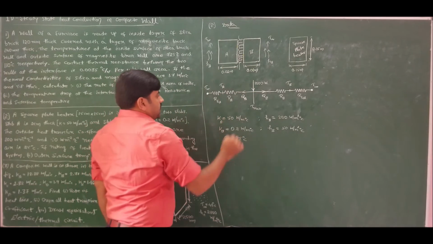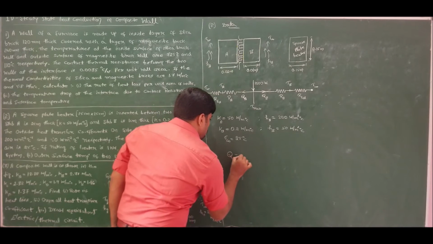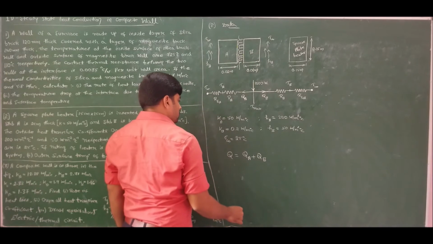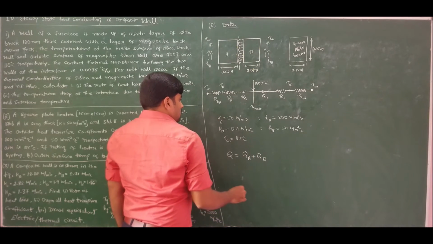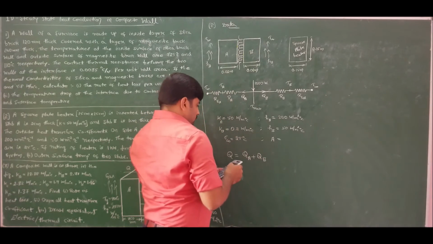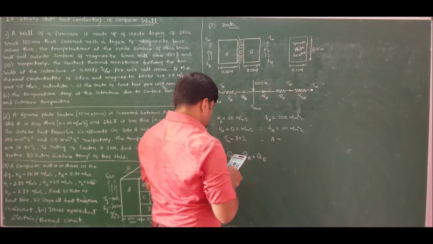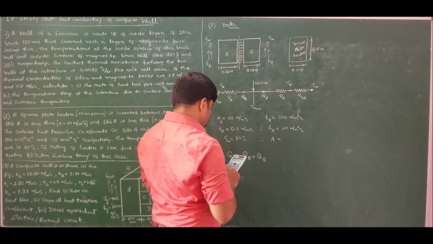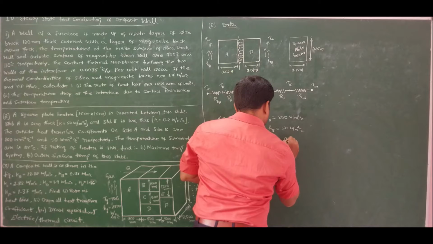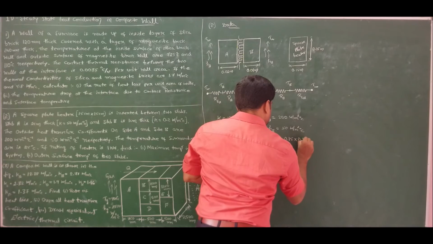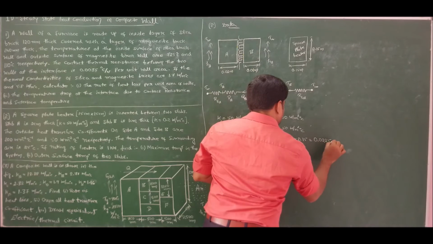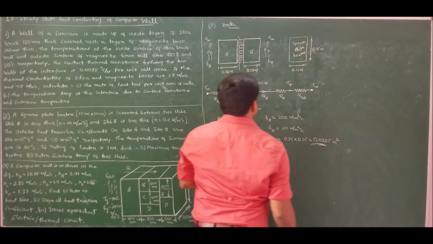Now from the heat balance, it is clear that Q is equal to QA plus QB. Also, if I calculate the area, it is turning out to be 15 centimeter square, that is 0.15 into 0.15, which is 0.0225 meters square.